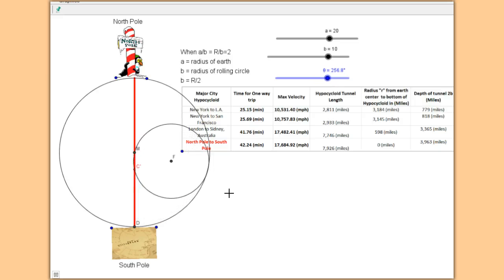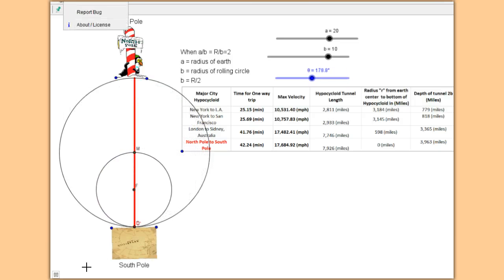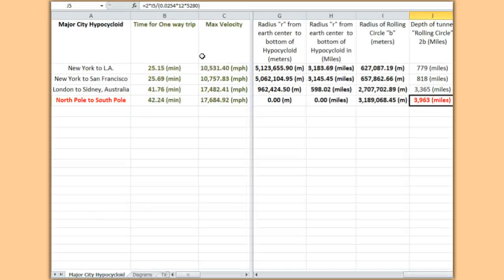Okay, let's look at some Excel sheets now. Here's all our major city hypocycloid trips. I put this in an Excel sheet. And so we have time for one-way trip, max velocity, all the way over to the depth of the tunnel.